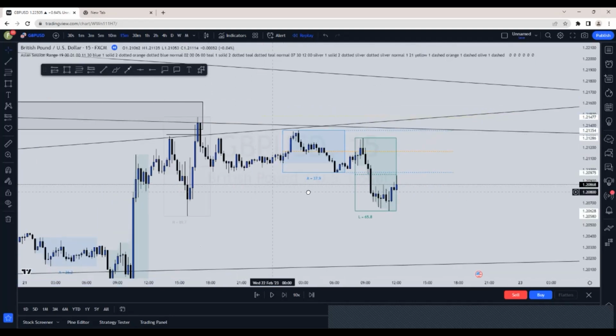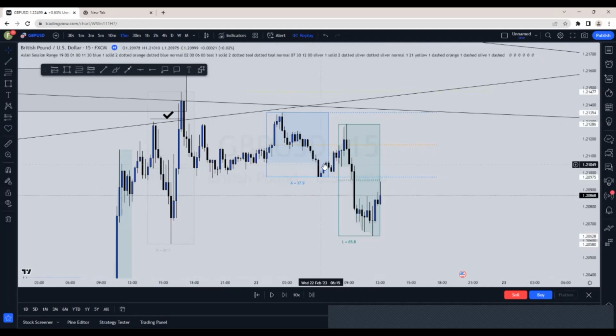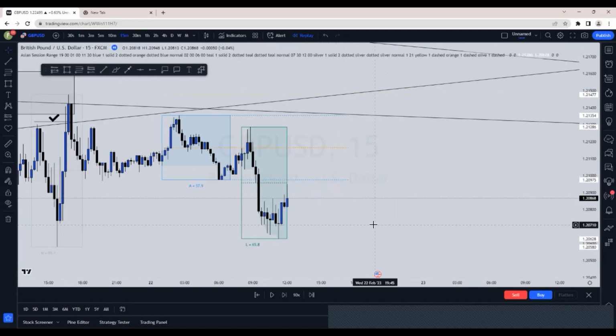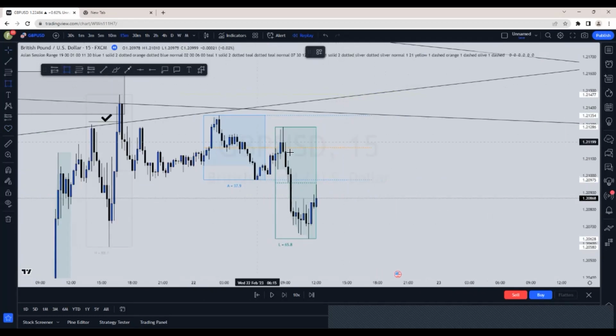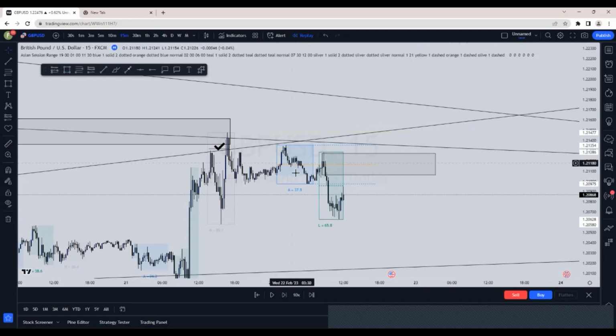Price grabbed liquidity around this area, okay? And we can see our Asian range and what happened, price picked the direction of the day. So this becomes a zone I want to sell price. This is my first zone I want to sell price, because this is more or less like my first flip zone. All right, like from the Asian range, price picked the direction of the day after mitigation of this supply at this trend line.